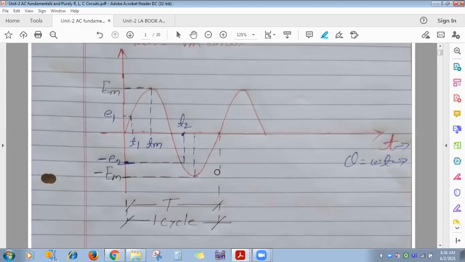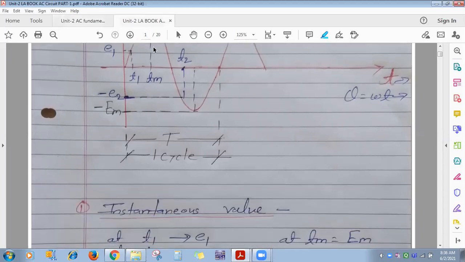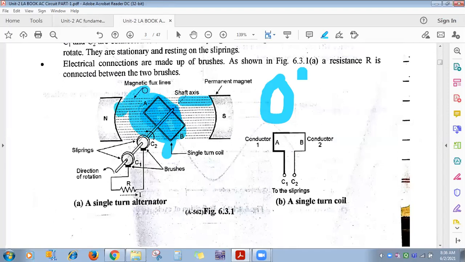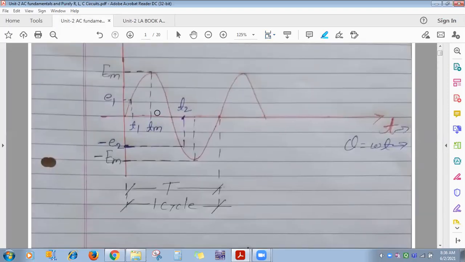Now we have rotated this coil in this magnetic field, and EMF gets induced. At every position of the coil, or at every time interval, measure the induced EMF in the coil. Suppose at T1 it is E1, at T2 suppose it is E2, at Tm it is Em, and so on.